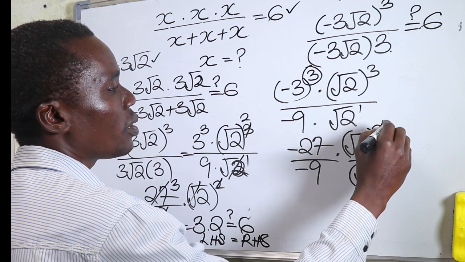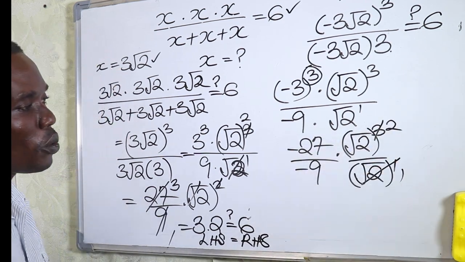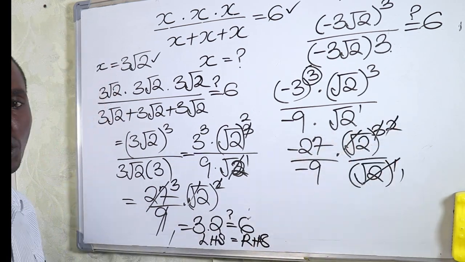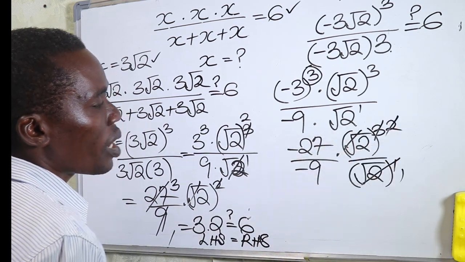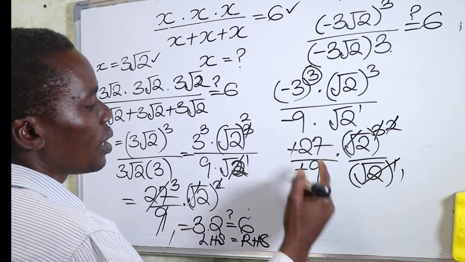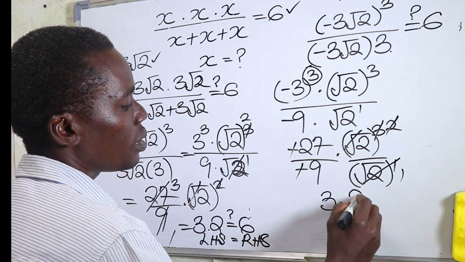This cancels out to give us 2. This will go off to give us 1. So we have 2. The square cancels out the square root, and negative clears out negative. This is going to give us 3 multiplying 2.